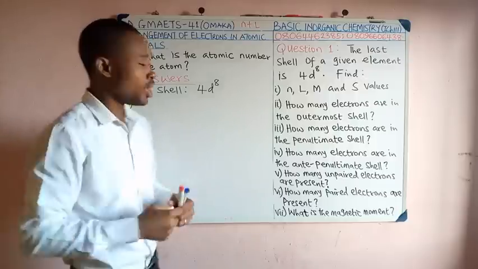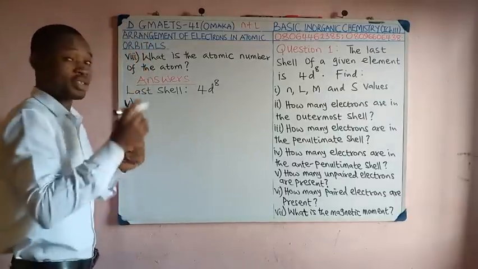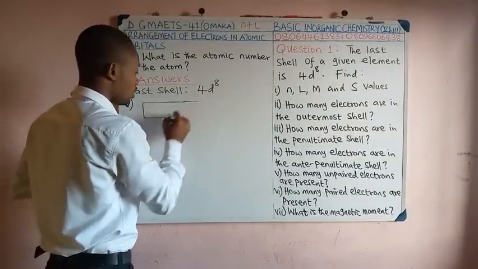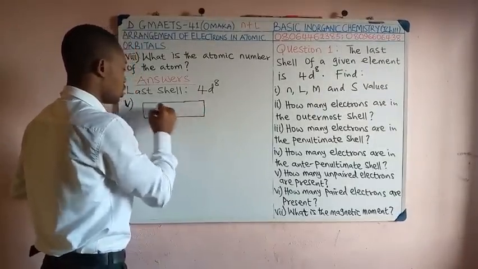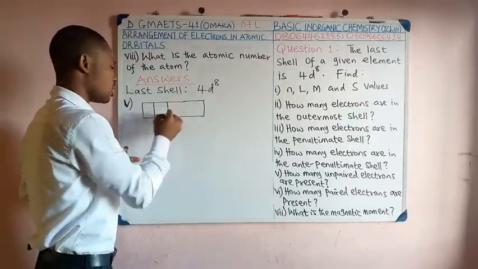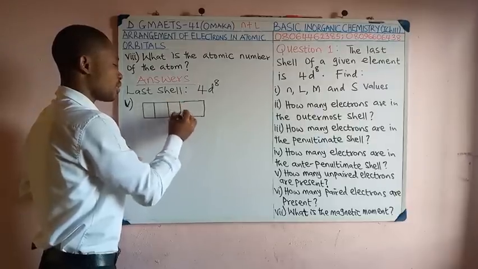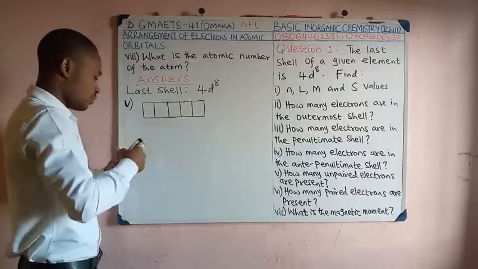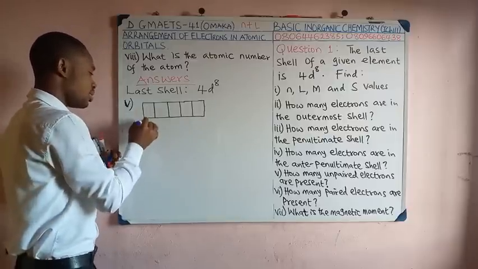to make it 4d10. But of course, to do that, let's just quickly draw this out, okay? We're going to draw this out. The d subshell. It has how many degenerate orbitals? 5 of them. Okay, so 1, 2, 3, 4, 5. This first degenerate is dxy.